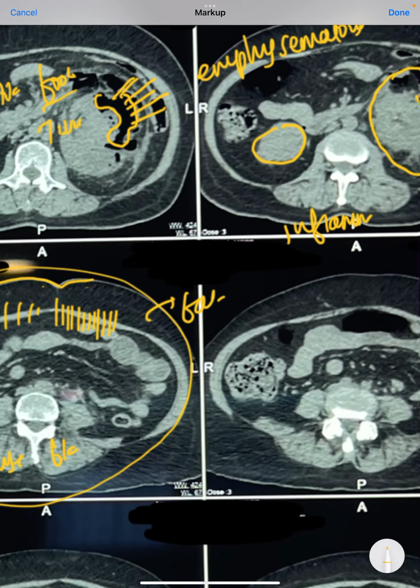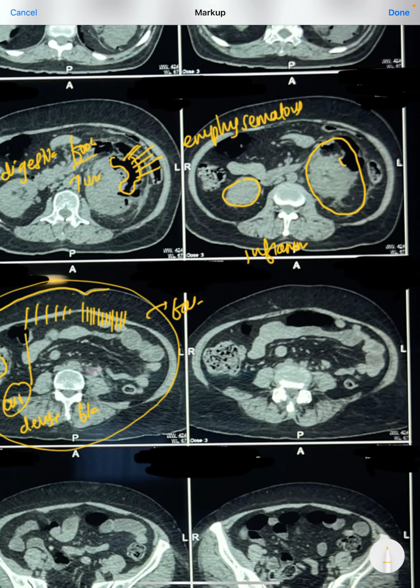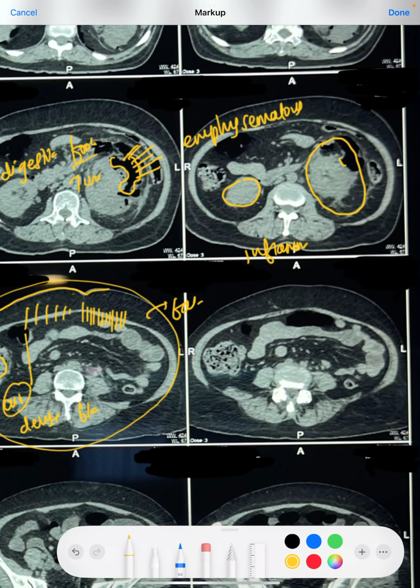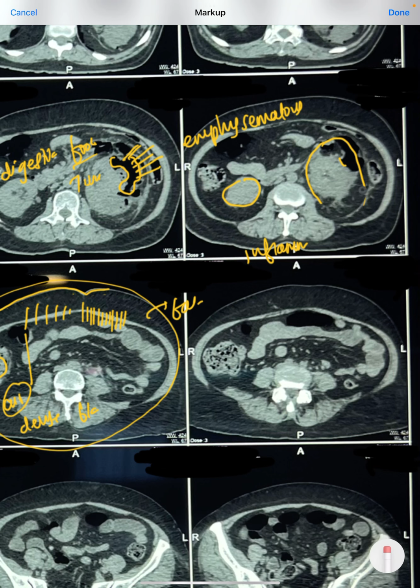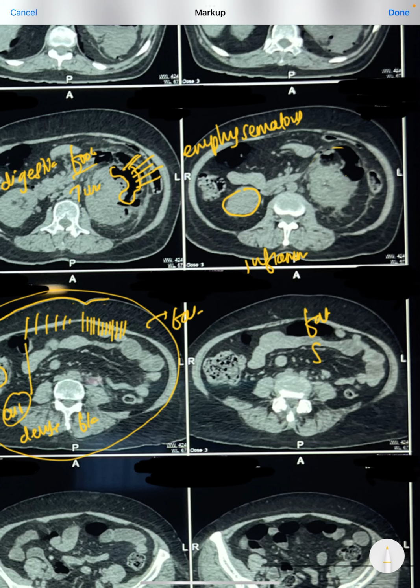So whenever there is inflammation in the fat, because the abdomen is full of fat, there will appear small streaks of white bands which suggest inflammation, which we call fat stranding. So fat stranding suggests that there is inflammation, which means most of the time there is infection.